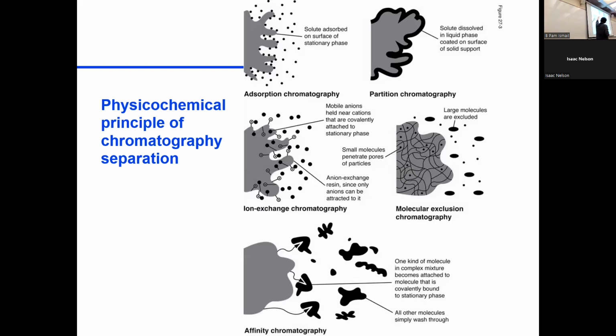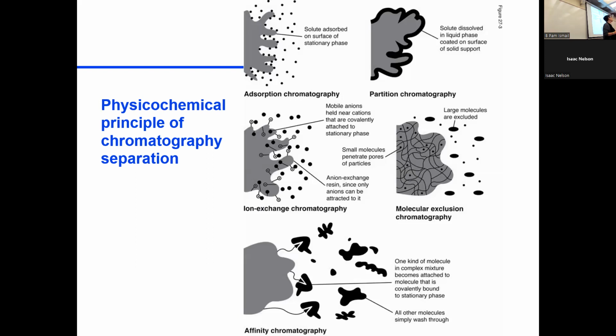So your components in adsorption chromatography adsorb to a solid phase. They adsorb, but not by irreversible adsorption. It is always reversible adsorption, so the molecular interactions are not covalent.